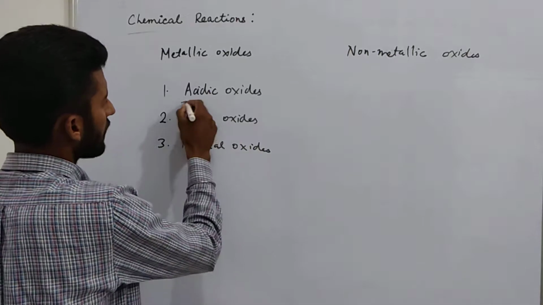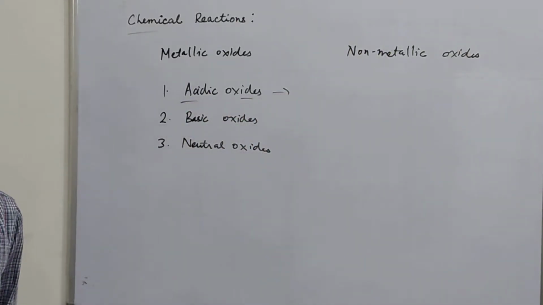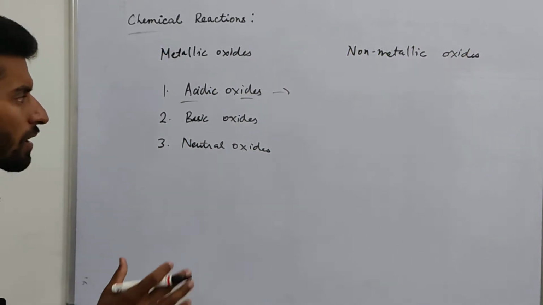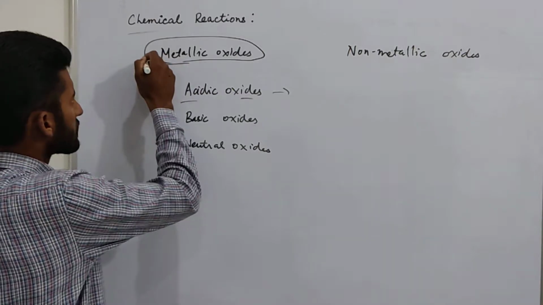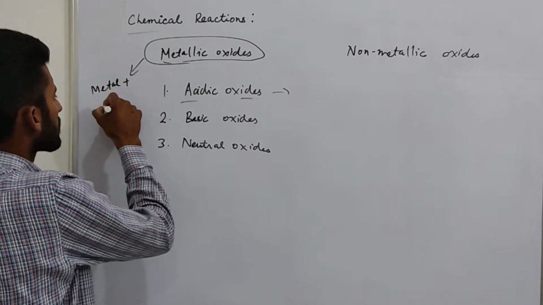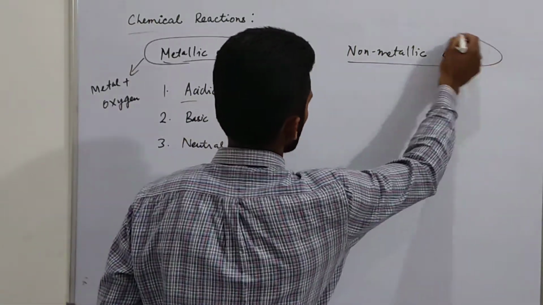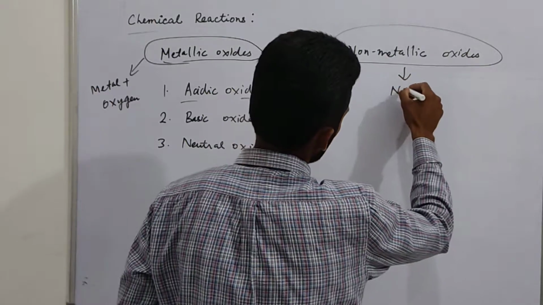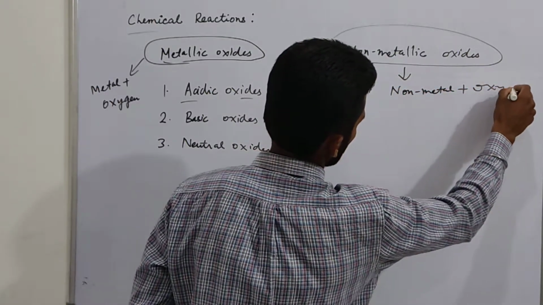From the name itself, acidic oxides are acidic in nature, basic oxides are basic in nature, and neutral oxides are neither acidic nor basic. Metallic oxides are formed by metal plus oxygen, and non-metallic oxides are made from non-metal plus oxygen. Clear?